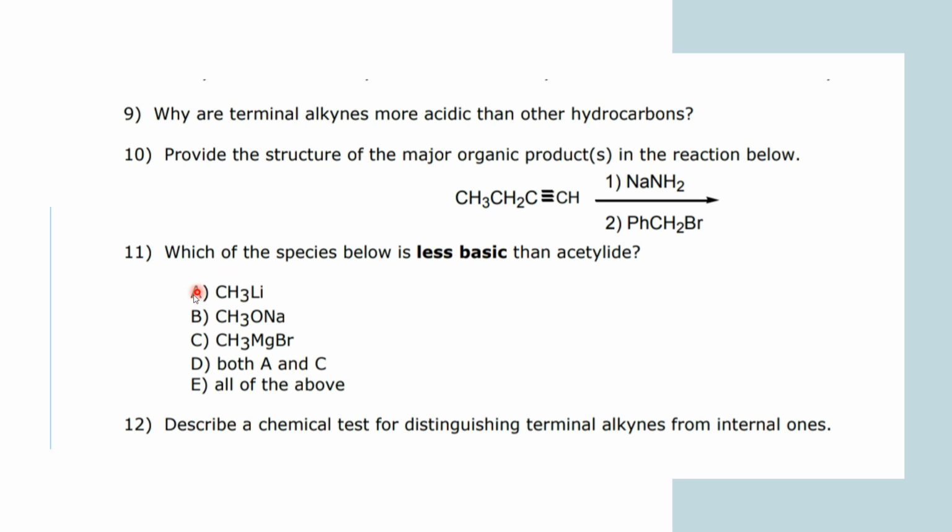So A and C were more basic than acetylene, whereas when it came to methoxide ion, we saw that oxygen being highly electronegative will not give up its extra electron pair very easily. So B was the correct answer for this question. Since oxygen is not wanting to give up its electron, it will be less basic.